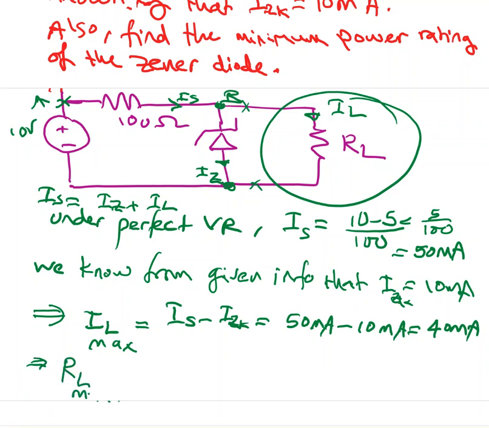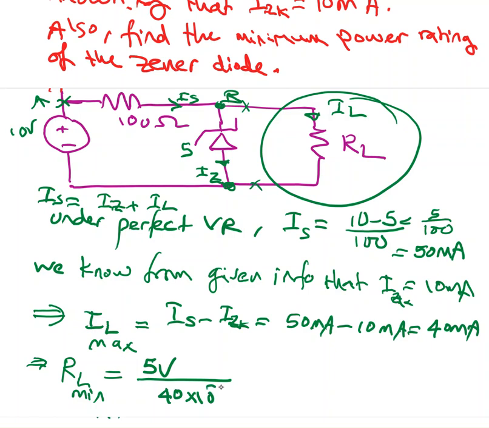RL minimum corresponds to the maximum value of the current, because the voltage is constant. So that will be 5 volts divided by 40 milliamperes, and if you calculate this number, that will be 125 ohms.